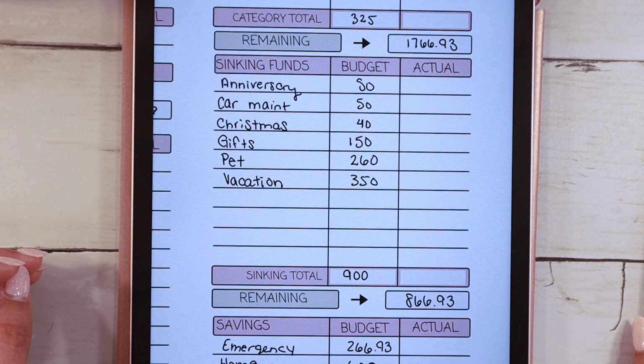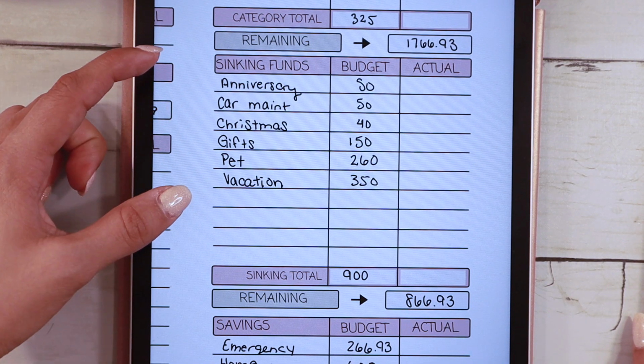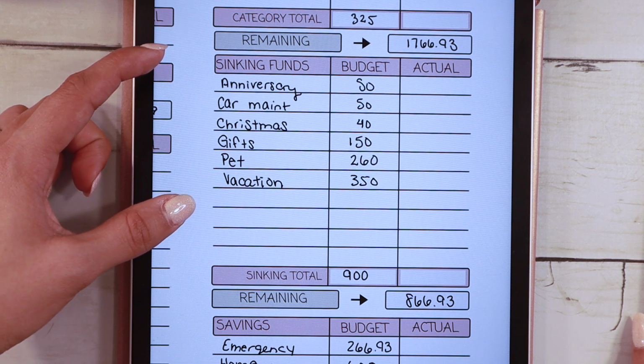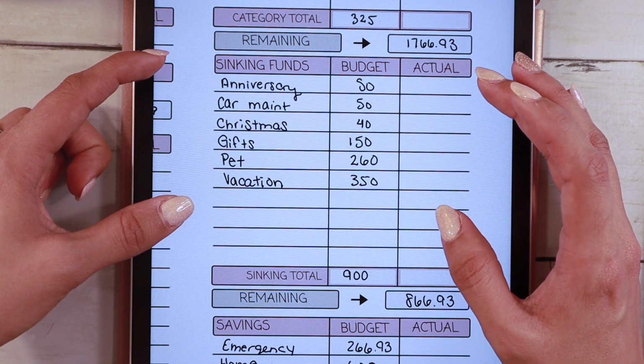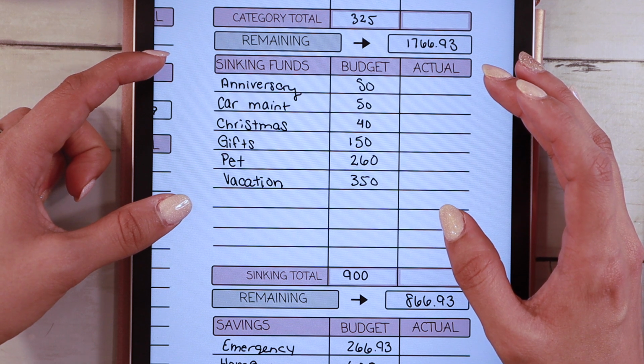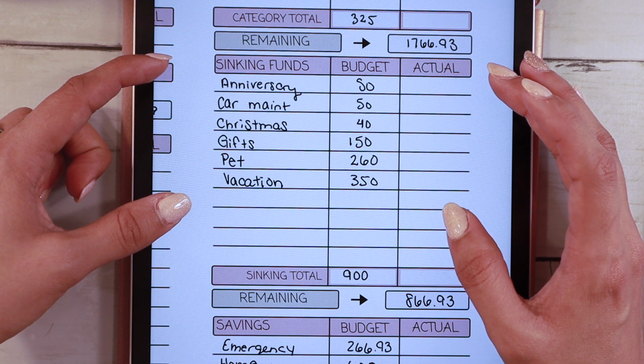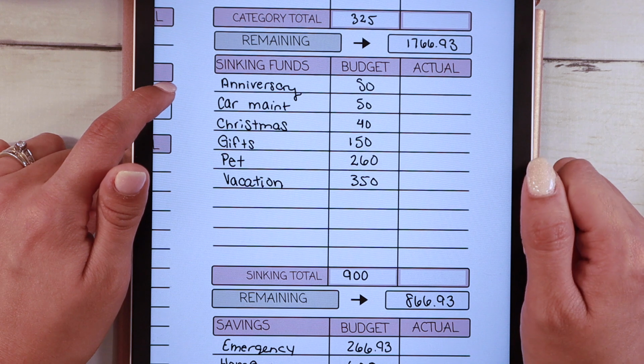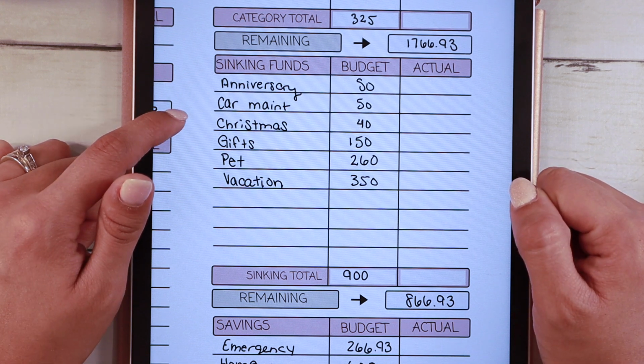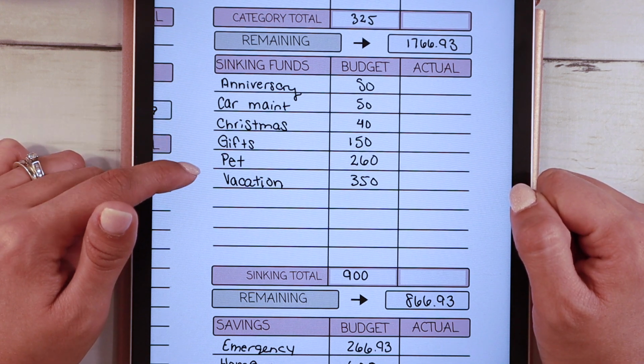So I utilize digital cash envelopes for our sinking funds for tracking purposes. The sinking funds that are important to us right now, or that we know there are bills that are going to be paid, are these. We want to save for our anniversary, car repairs, Christmas, gifts, pet, and vacation.